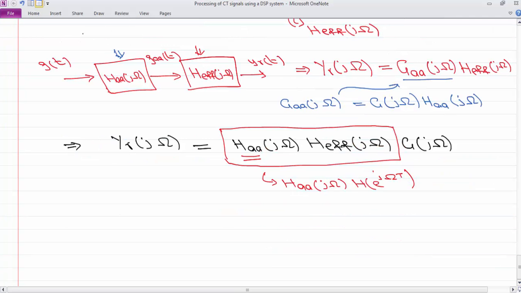So this concludes our discussion of how DSP systems can be used to mimic continuous time processing of continuous time signals. And in that entire specification or analysis of DSP systems, here are some of the DSP design questions that you have to address.